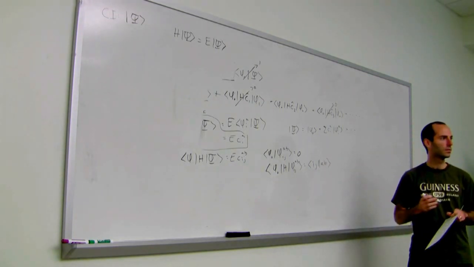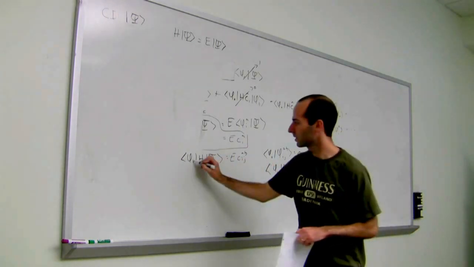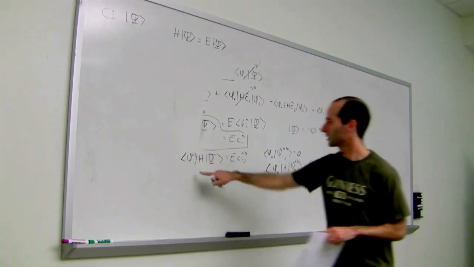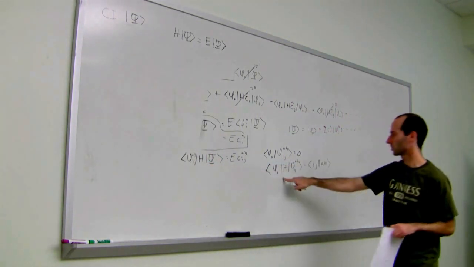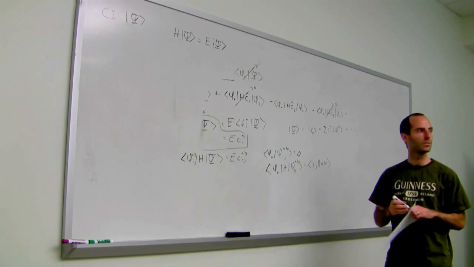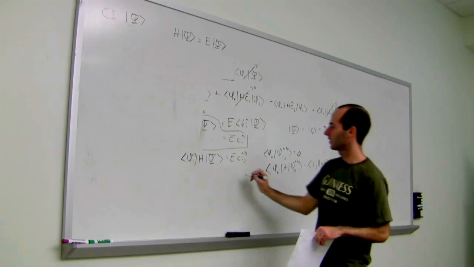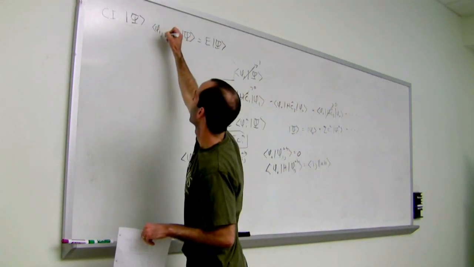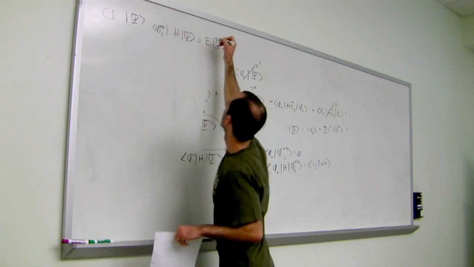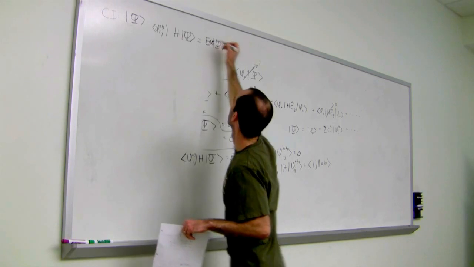So why don't you have it in the energy? I do have it. I just didn't write it. It's contained in here because this has a sum that contains this term. I got this from writing H psi equals E psi, and left multiplying both sides by <ijab|.